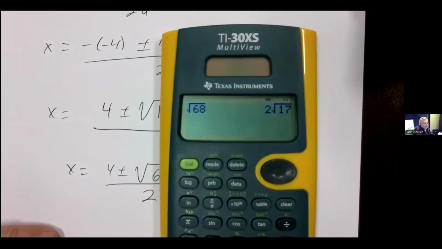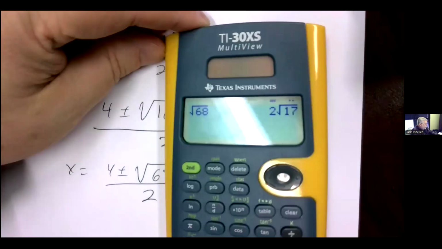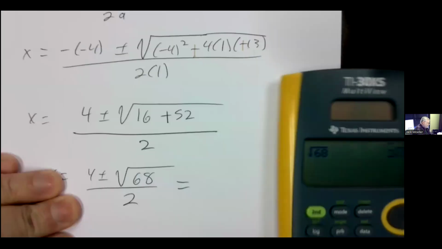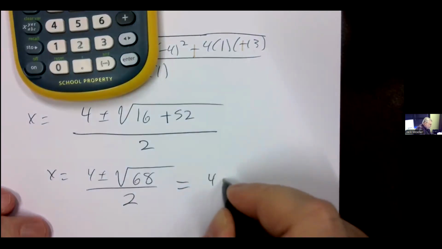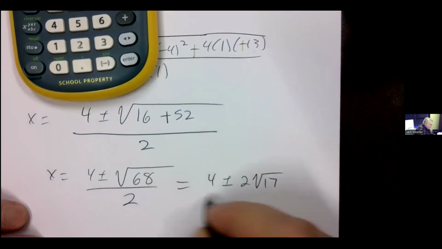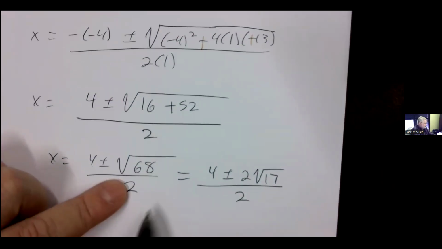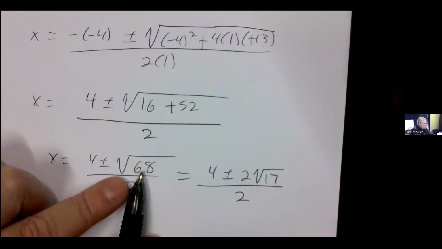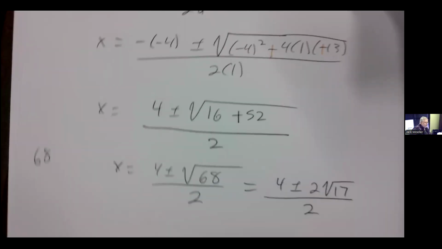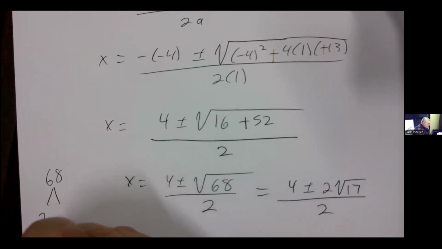If you do have a graphing calculator, you may want to find a scientific calculator to borrow just for the quadratic formula stuff. So the square root of 68 is 2 square root of 17. And where that comes from is, if you do your factor tree, we know it's even, so we can divide by 2.